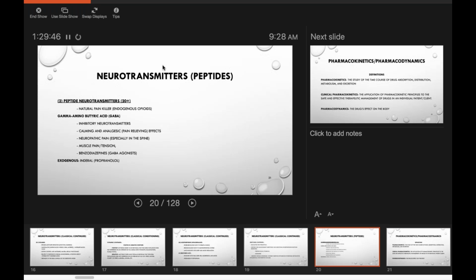Inhibitory is going to slow down the likelihood of the neuron firing. And if we do that, we're going to relax. So our muscles are going to relax, tension. So GABA is very big with neuropathic pain, especially in the spine.